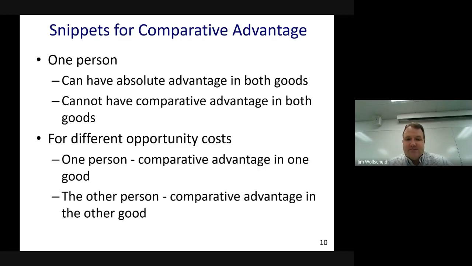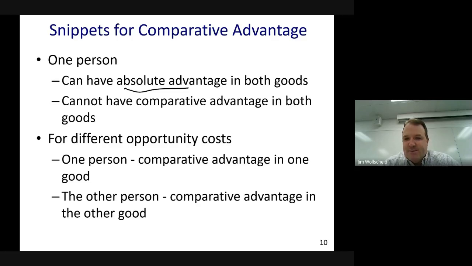I call them little snippets, things I would write down to make sure I knew about comparative and absolute advantage. Just some rules to live by. We talked about whether one person can have the comparative advantage in both goods.